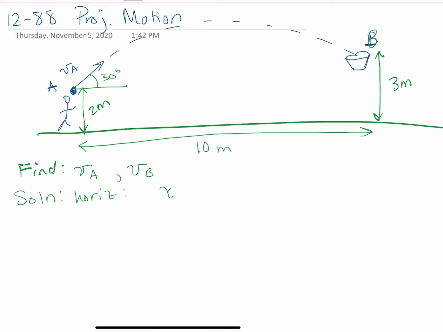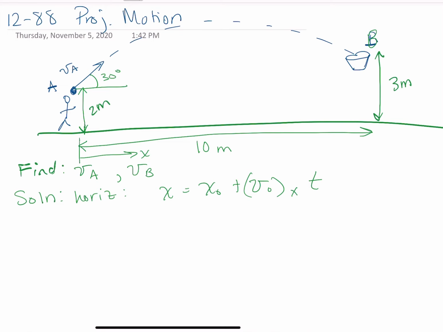We have x equals x naught plus v naught in the x direction times time. We're just going to call this at point A as x is 0.